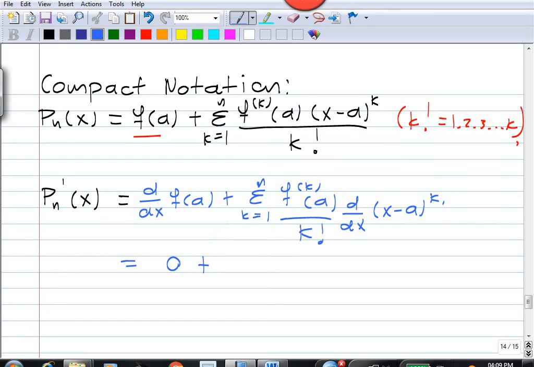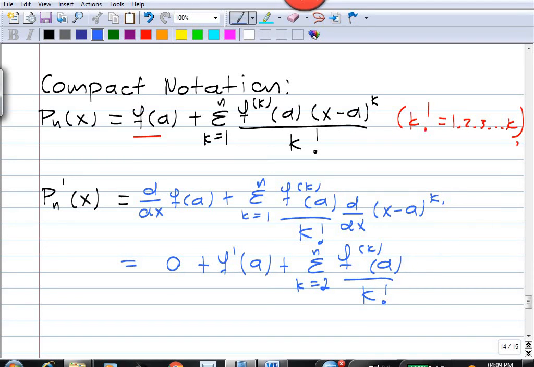And we're going to have the first derivative at a, plus, and now for the other terms, k from 2 to n, we still have f^(k) of a over k factorial.